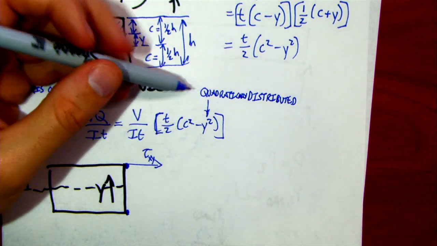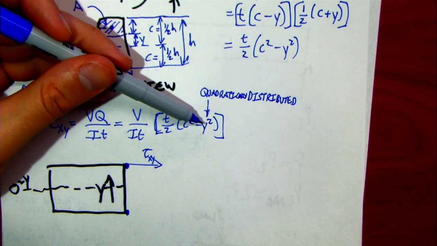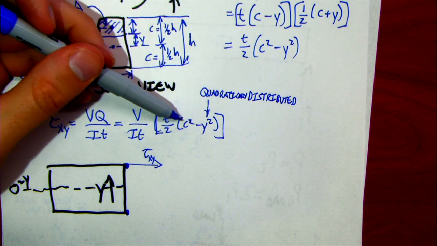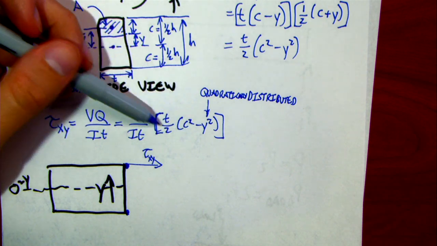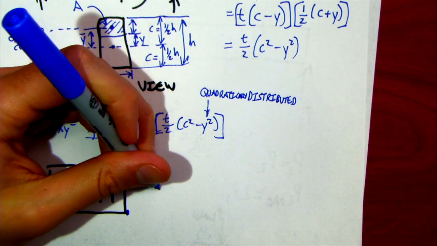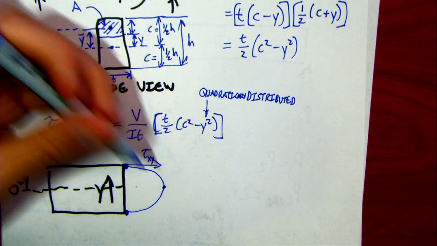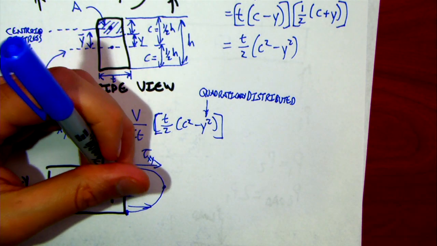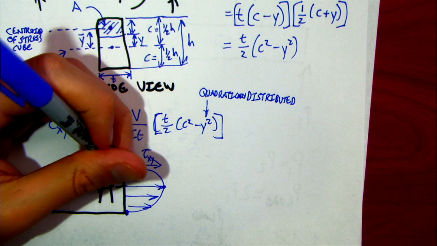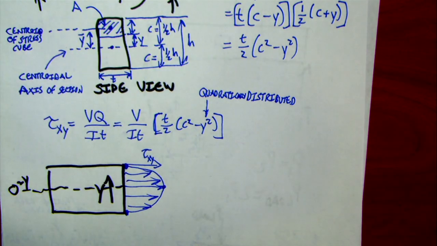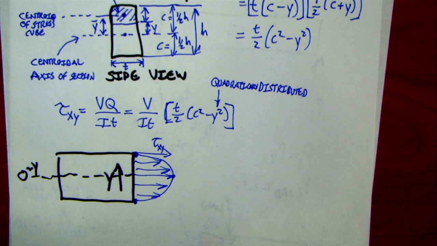And we know that it reaches a maximum when y equals 0, because any value of y is going to make this Q smaller. So at the neutral axis, it's going to reach maximum, distributed quadratically up to that and after that. So that's a pretty wonky little thing.